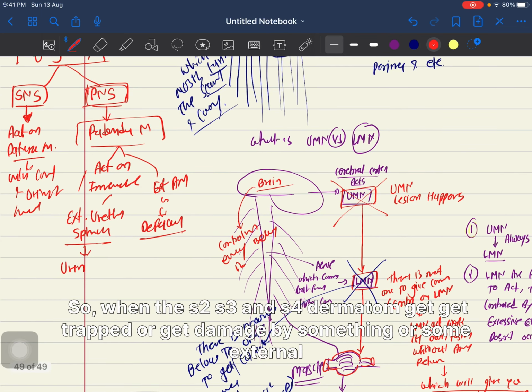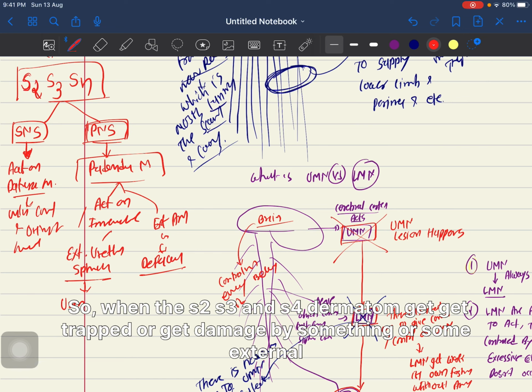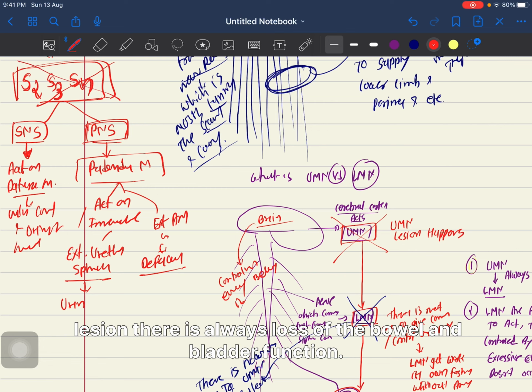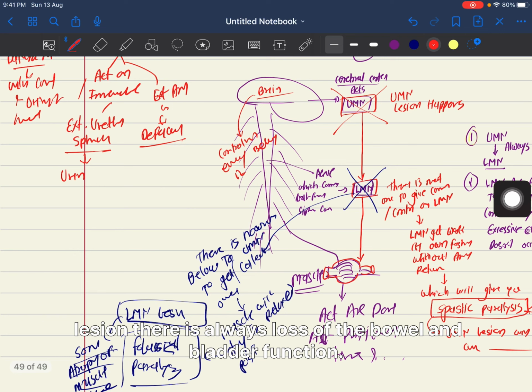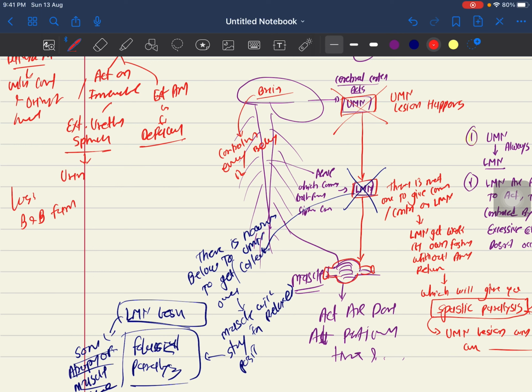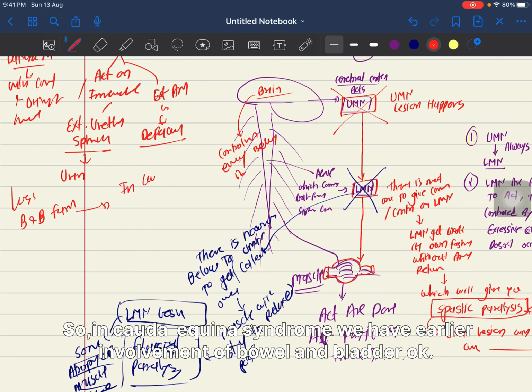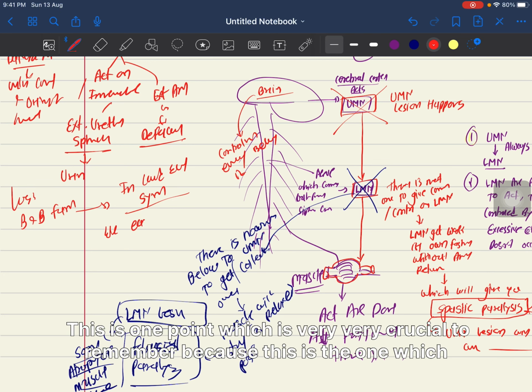Okay, so when the S2, S3 and S4 dermatomes get trapped or damaged by some external lesion, there is always loss of bowel and bladder function. So in Cauda Equina syndrome we have earlier involvement of bowel and bladder.